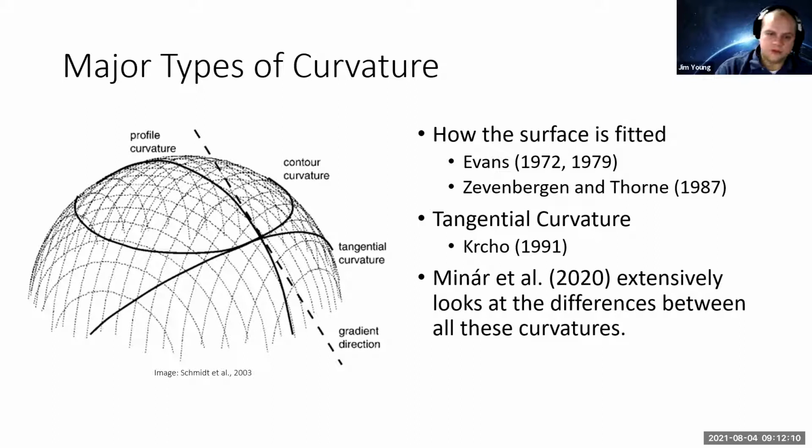Zevenbergen and Thorne, another major curvature calculation author, uses 9 coefficients to exactly fit 9 cells in the neighborhood.